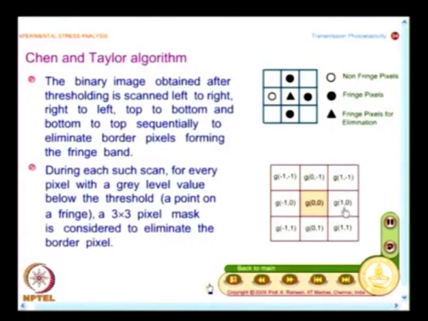Then I have G1,0, with x increasing this way and y increasing downwards, and G minus 1,0. So I have a 3 by 3 matrix where I want to take a decision on the center pixel.